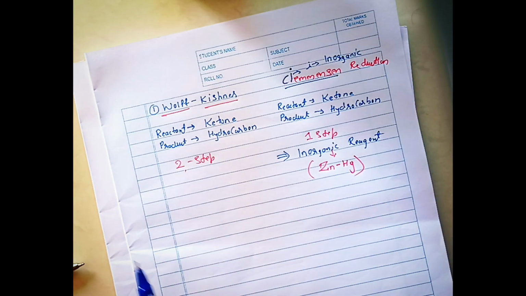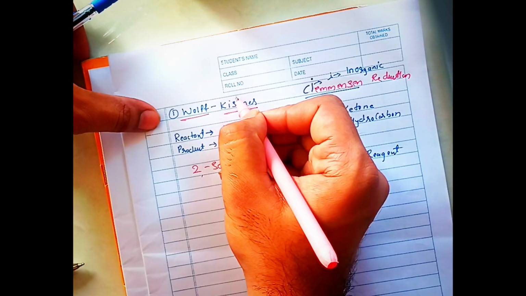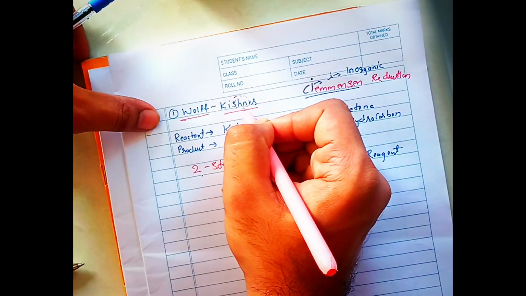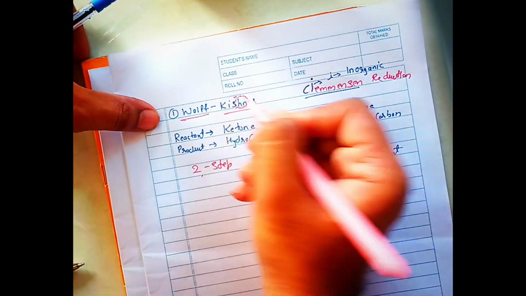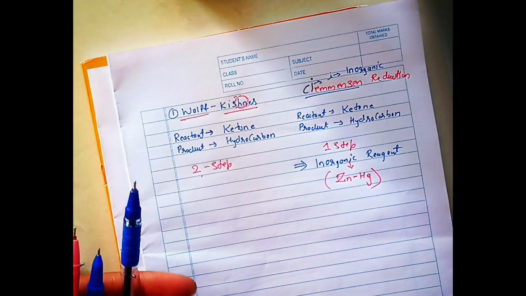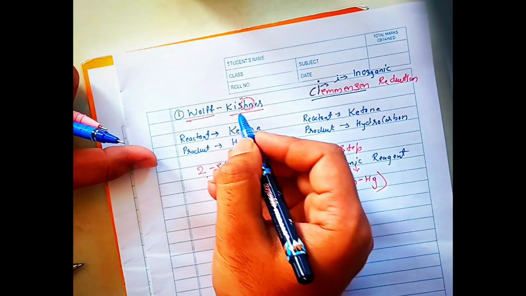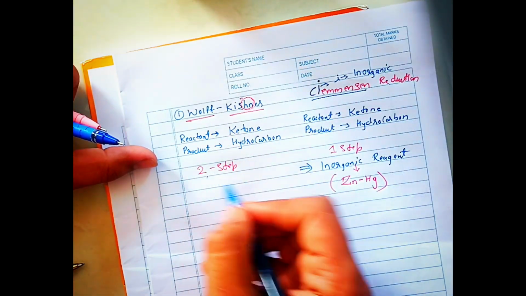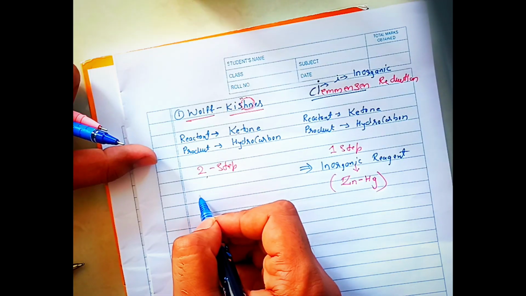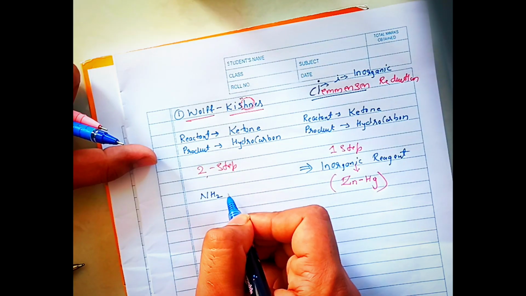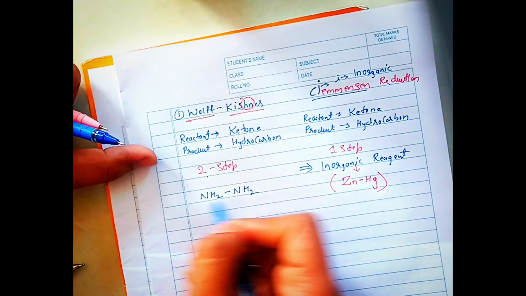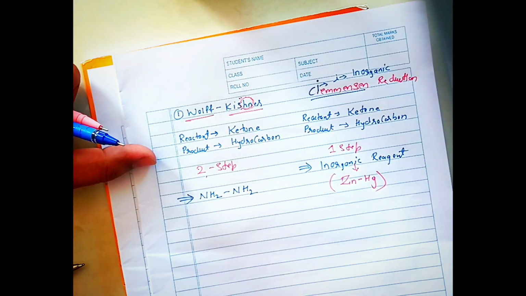Okay, since here there will be NH, this NH reminds me of Wolff-Kishner. Two scientists are there, two steps are there, so there will be NH2NH2.